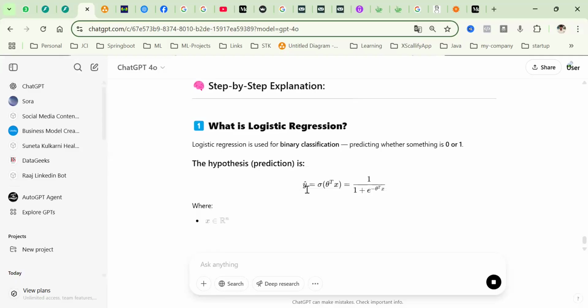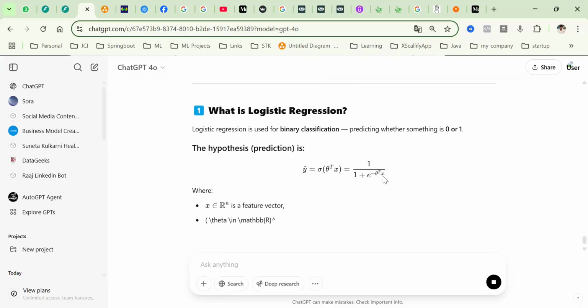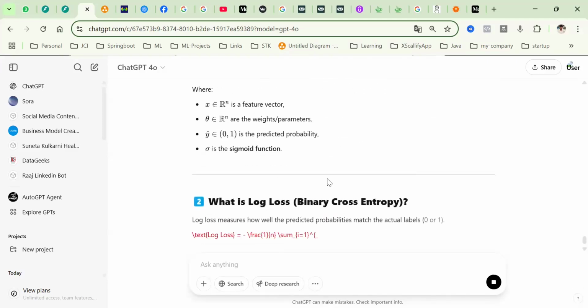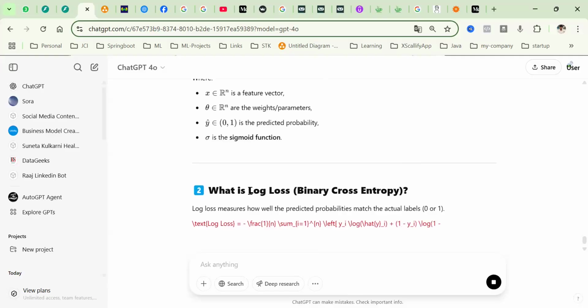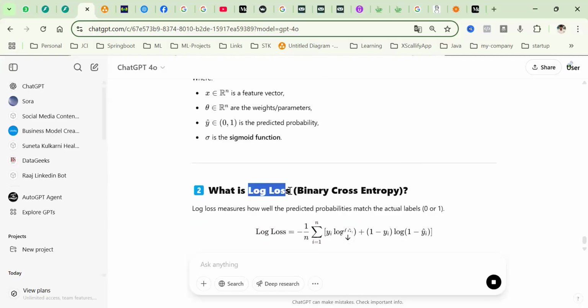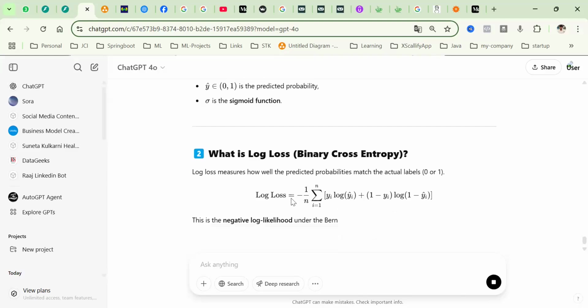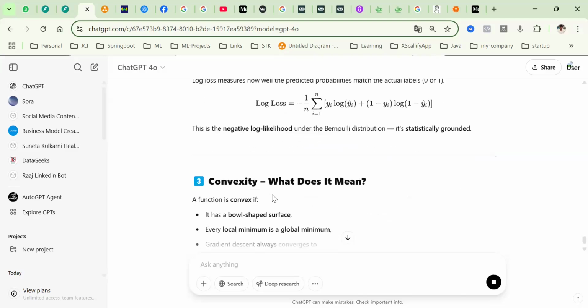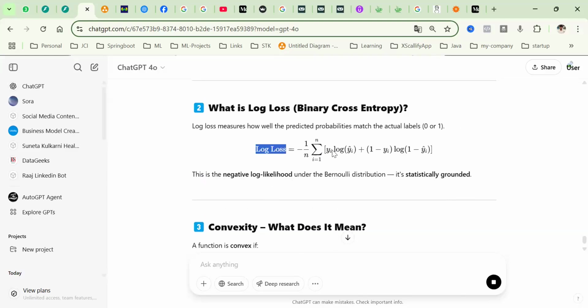So this is my sigmoid function. And here, this is the important concept, log loss. Instead of MSE, this is my cost function. This is the mathematical equation of the cost function using log loss in logistic regression.